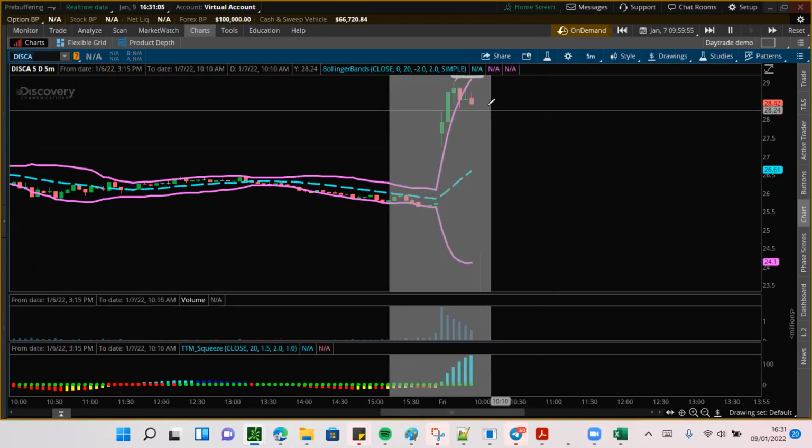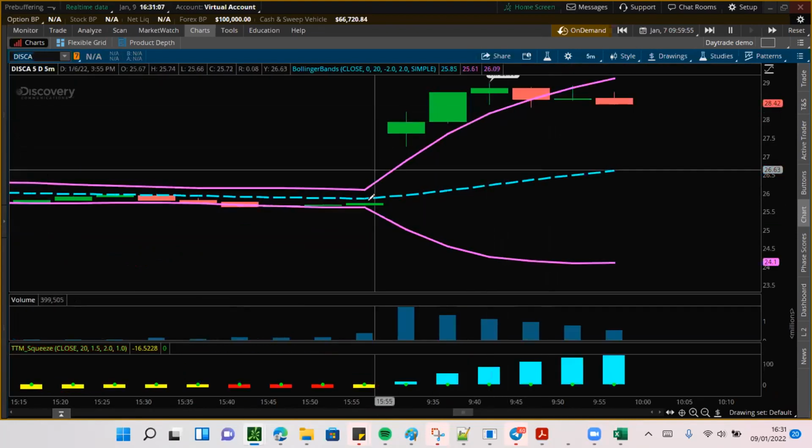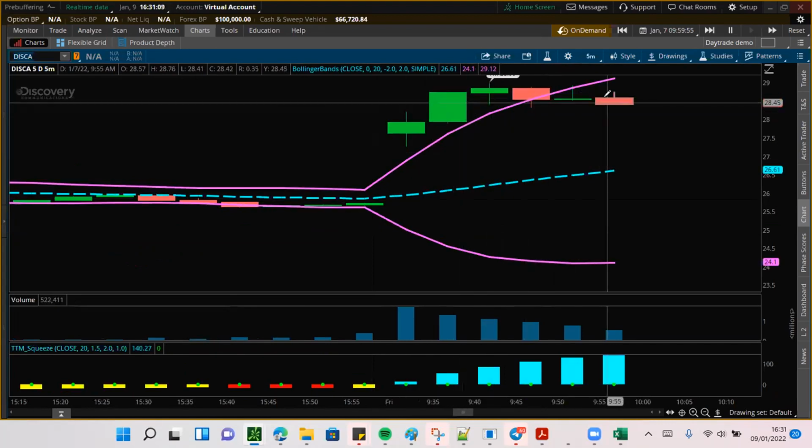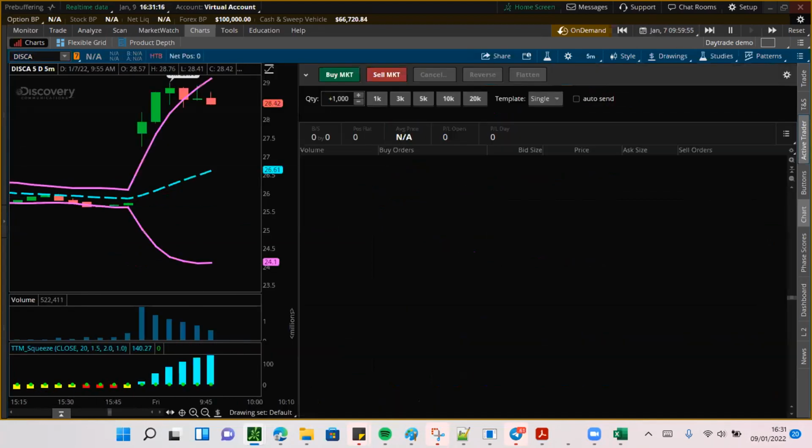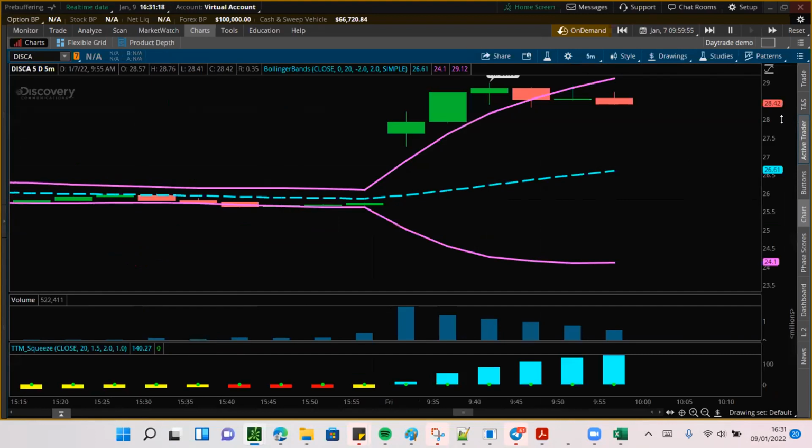You see the stock is actually trying to stay above. I gave the alert around 9:59:55. It is not showing right here, so I will just show how to trade this.